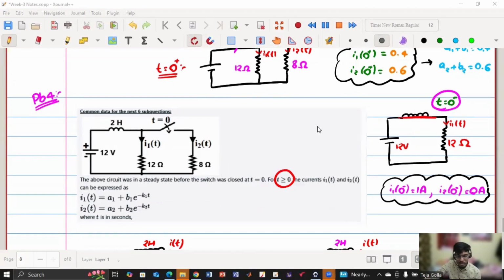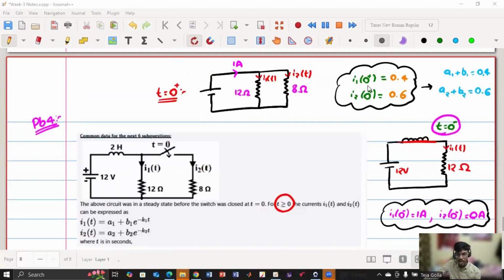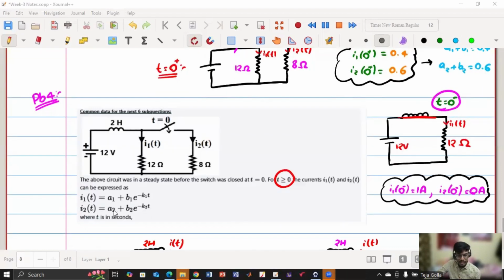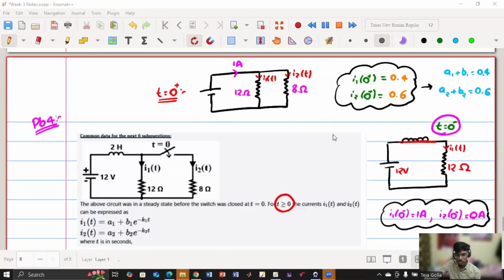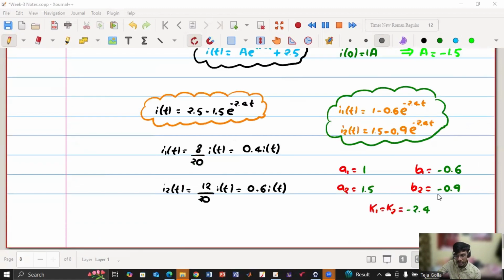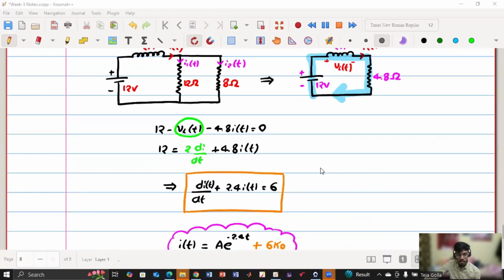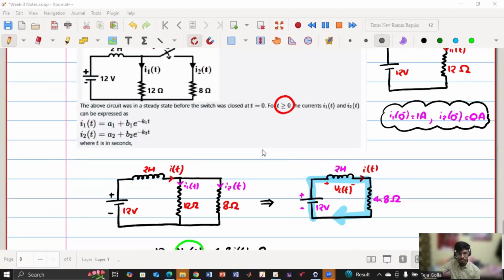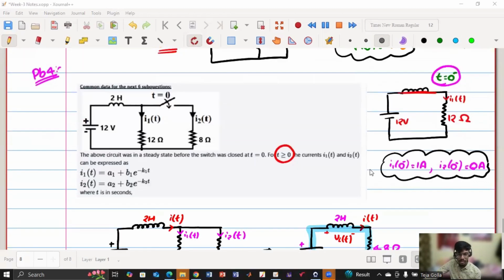So A1 plus B1 will be 0.4, because this is for t greater than 0, and for t greater than 0, I1 of 0 is 0.4 and I2 of 0 is 0.6. So A1 plus B1 is 0.4, which you are getting from here, and A2 plus B2 is also 0.6, which you are getting from here. So this is a simple problem, but it has a tricky thing. They can ask, what is I1 of 0 minus and what is I1 of 0 plus?